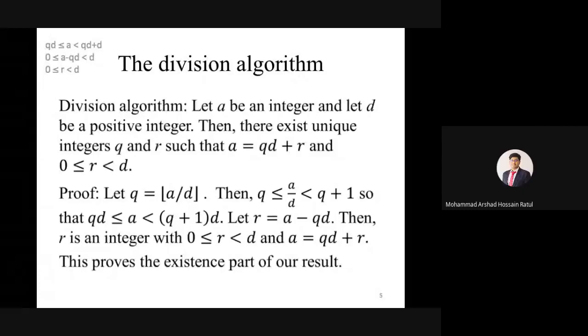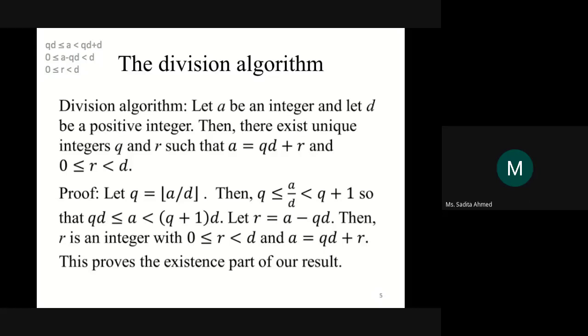Okay, in that case, when will q be equal to a by d? Will q ever be equal to a by d? What if your a is 6 and d is 3? Then it will be.